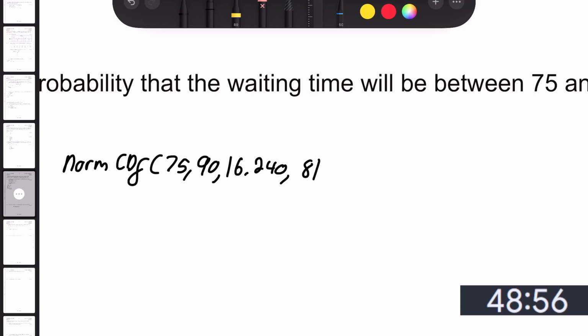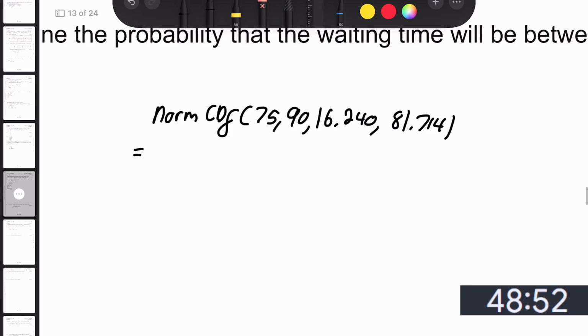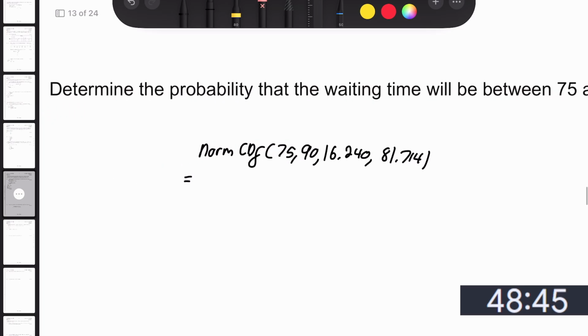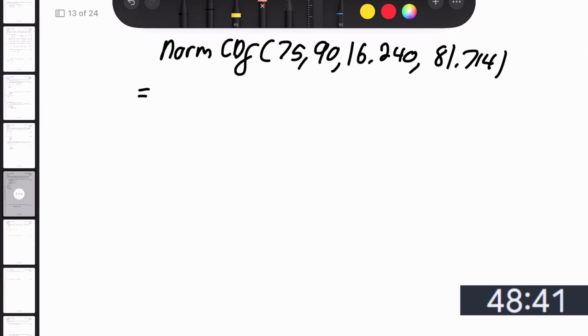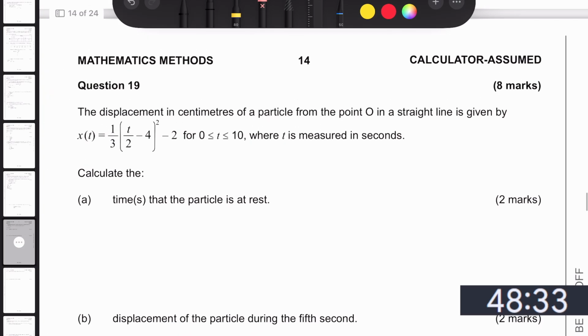And then 81.714. And then track that in my calculator. 16.24, 81.714, 0.3554.